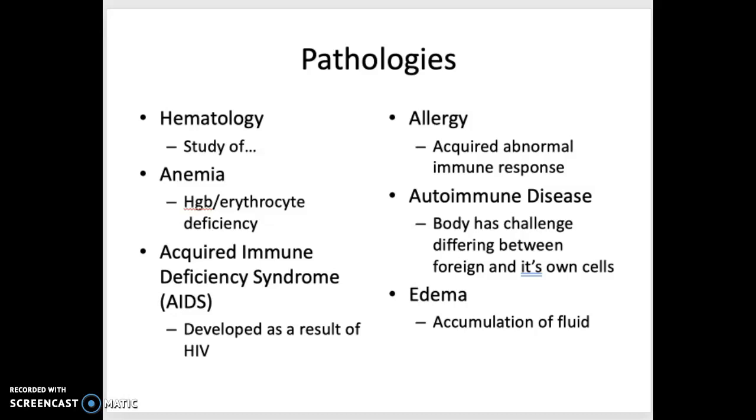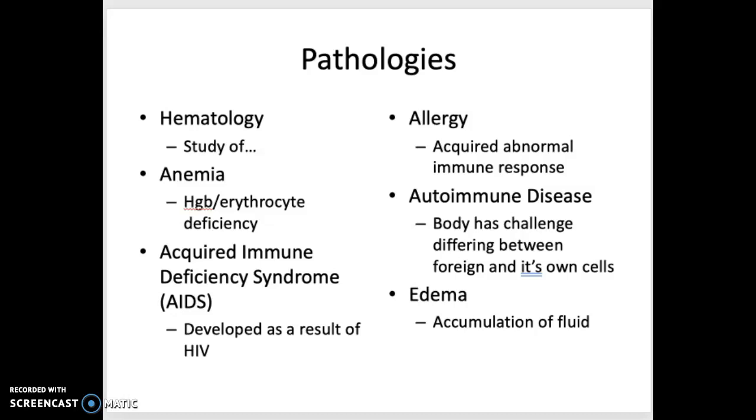The first one in your outline is anemia, which is a deficiency of either hemoglobin or erythrocytes in the blood. So because of that, you're going to have reduced oxygen. The most common type is iron deficiency anemia, caused by a lack of iron in the blood.